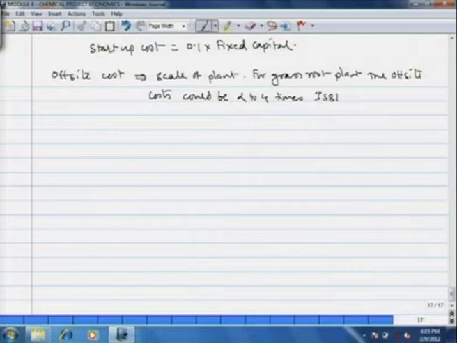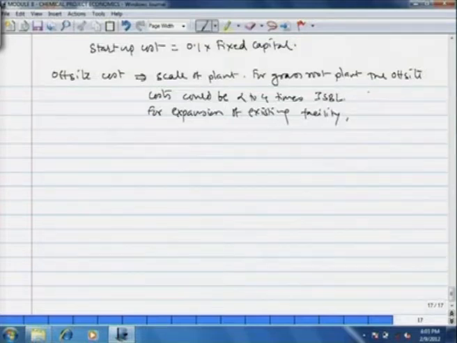However, if we are going for expansion of an existing facility, then the offsite cost is typically 40 to 50% of the on-site cost.